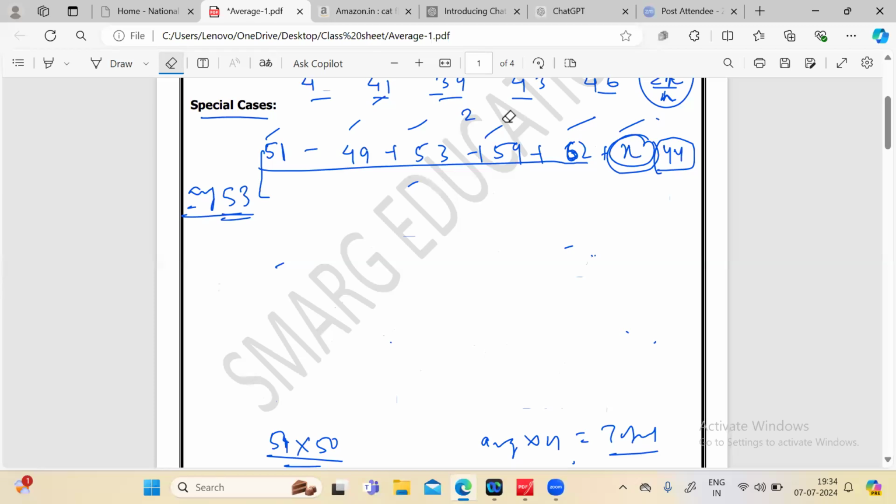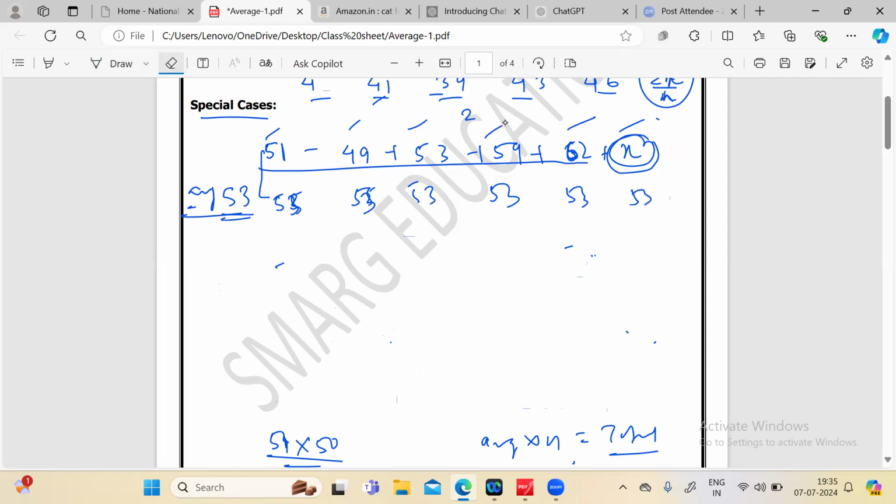I have deleted it now. Let me tell you again, or let me solve the question again. I wanted to make every number 53 because average says that all numbers will be equally distributed among each other without changing the total.